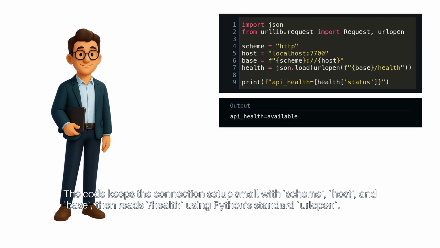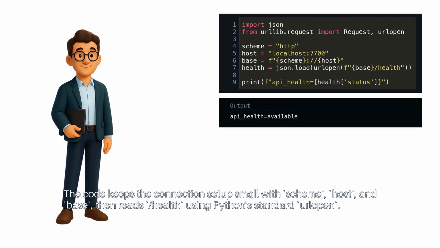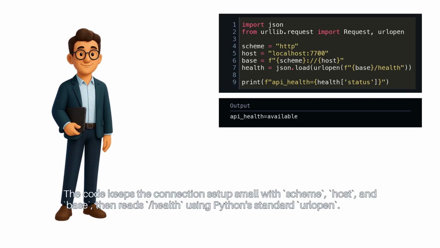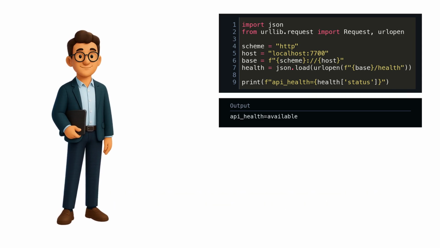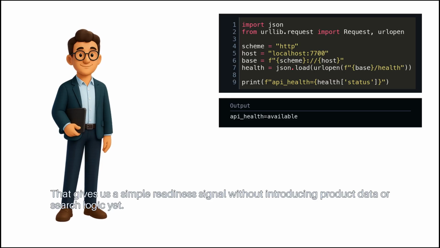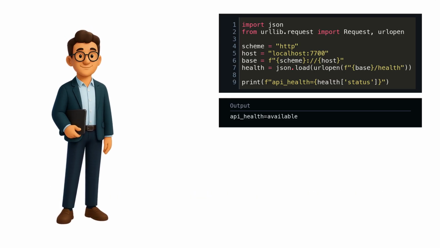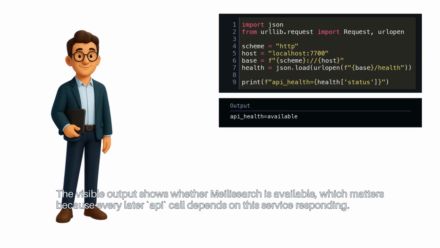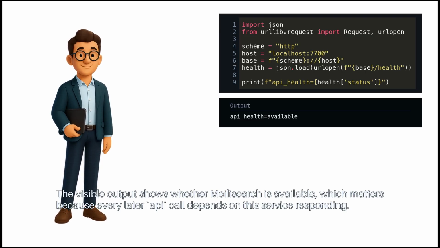The code keeps the connection setup small with scheme, host, and base, then reads /health using Python standard URL open. That gives us a simple readiness signal without introducing product data or search logic yet. The visible output shows whether Meilisearch is available, which matters because every later API call depends on this service responding.